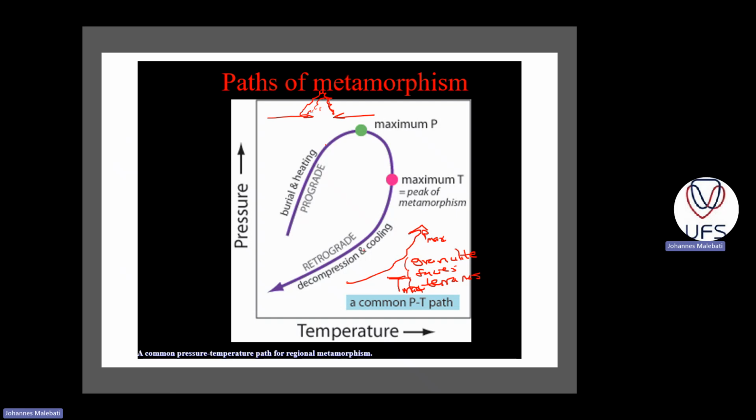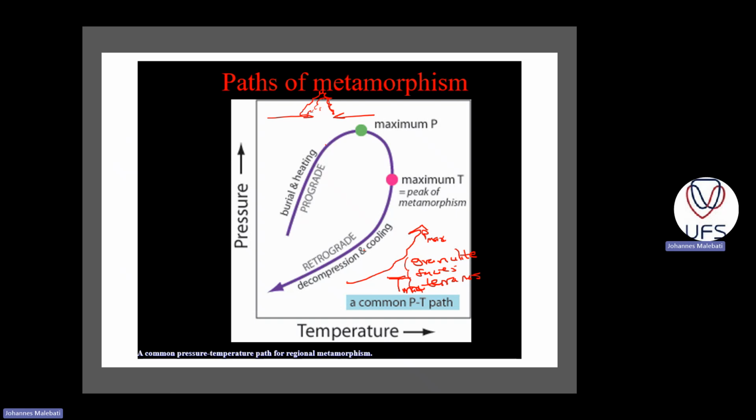All right. So all that I wanted to bring to attention is understanding the difference between the clockwise and anti-clockwise, and that during prograde path, the rocks get buried and heated, and then you are forming new minerals. But during retrograde, the rocks are exhumed and cooled, wherein minerals may break down or re-equilibrate.